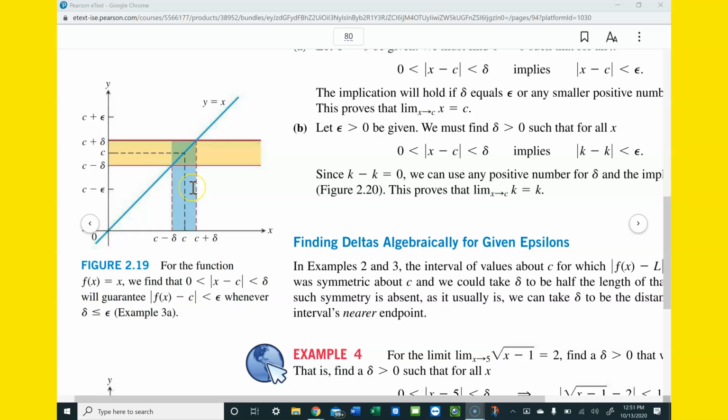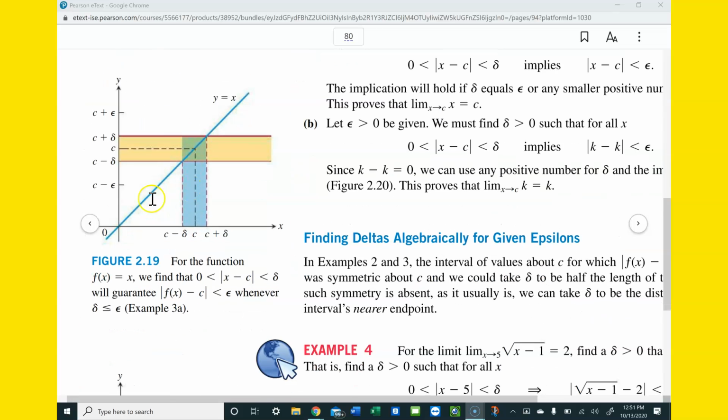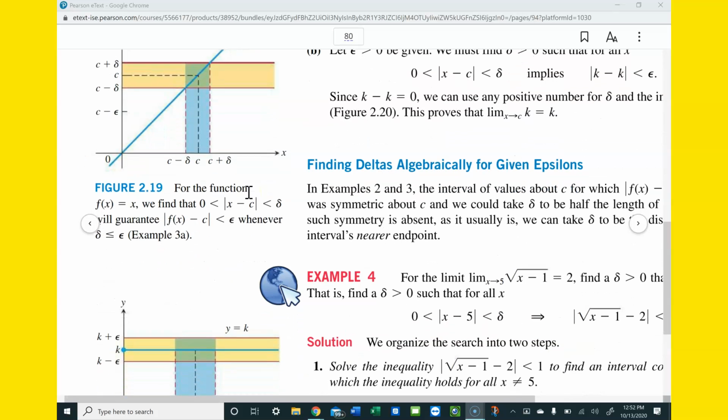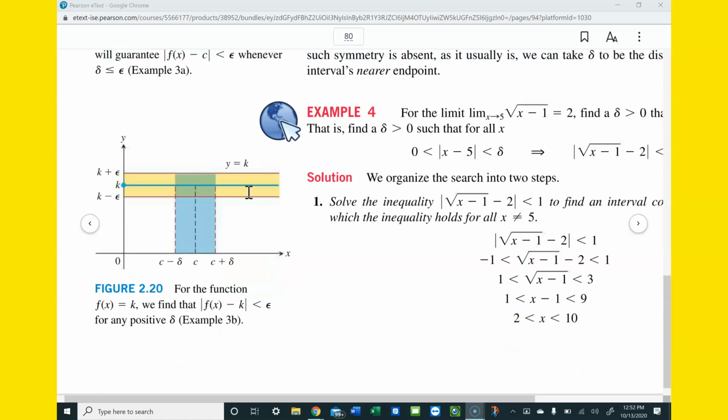All right, look at these last two examples graphically. Here's the line y equals x, right? So whatever this epsilon distance is, you find a delta that is equal to that epsilon, and it's going to make this happen. So let's come back to the y equals k.